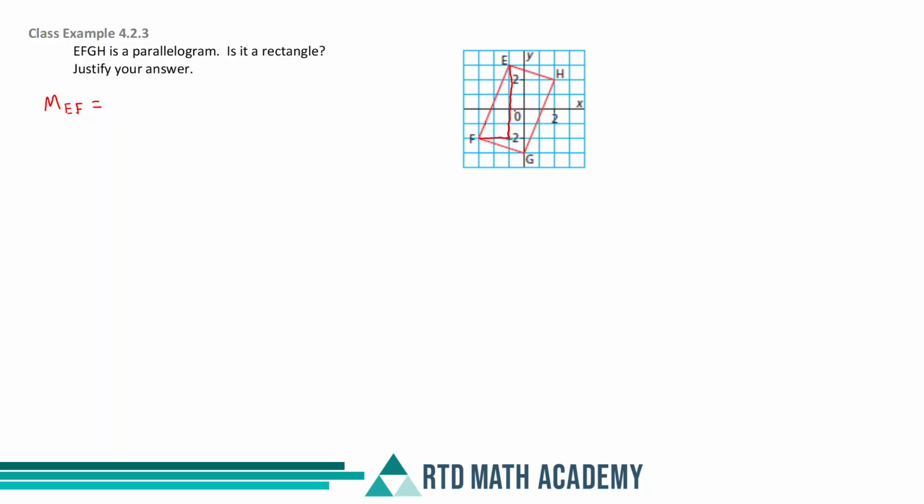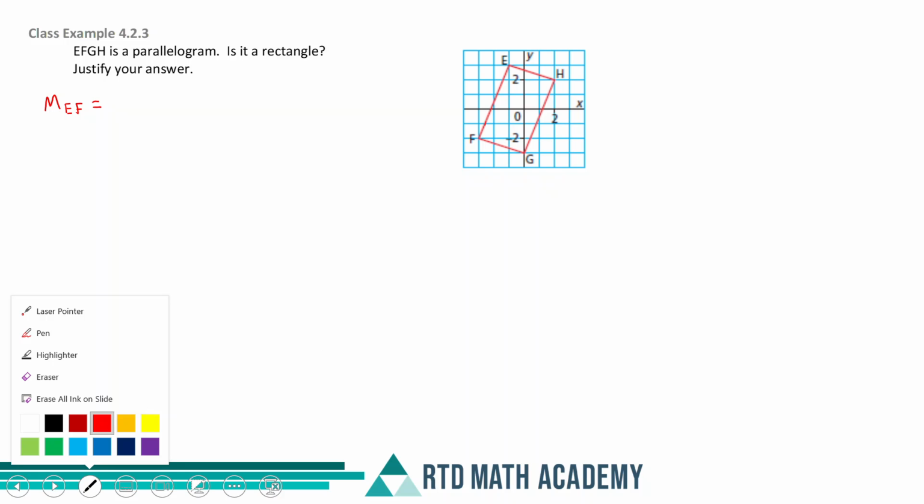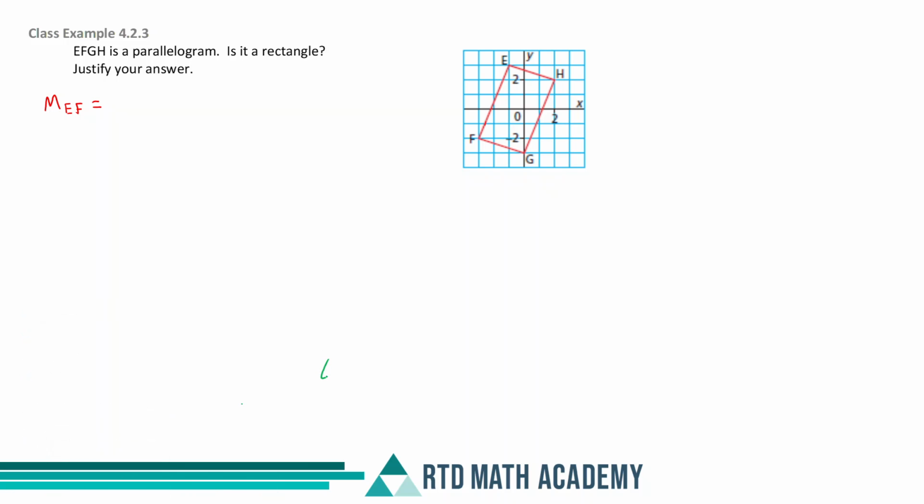Shouldn't have used red. Let's use green, just so that doesn't confuse us. Let's draw a triangle right here. Then from here I can see that this goes over 2 and then up 5. So EF has a slope of 5 over 2. All right, good enough.